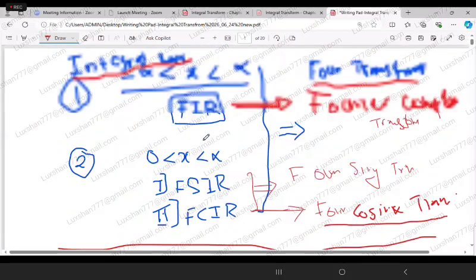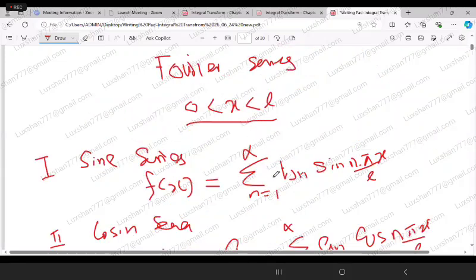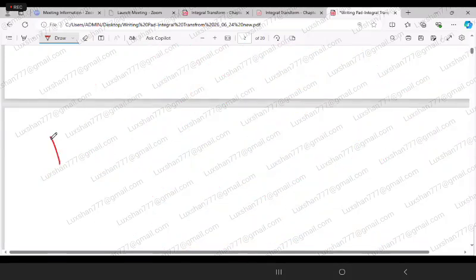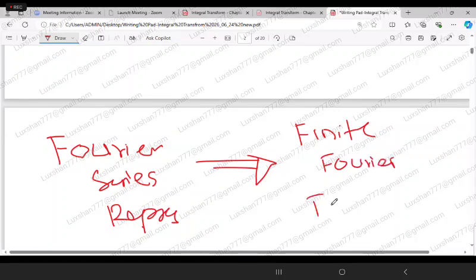This is the infinite case, and here we have the finite one. Using this Fourier series representation, we can have the finite Fourier transform.